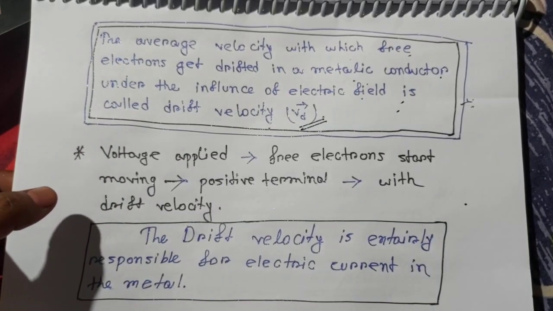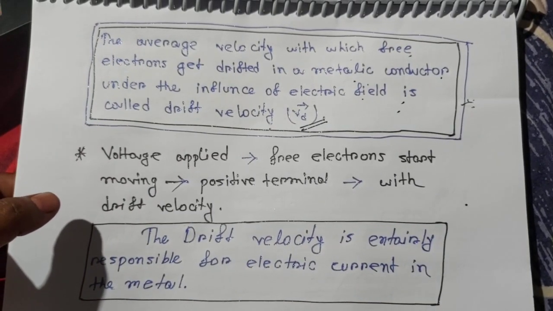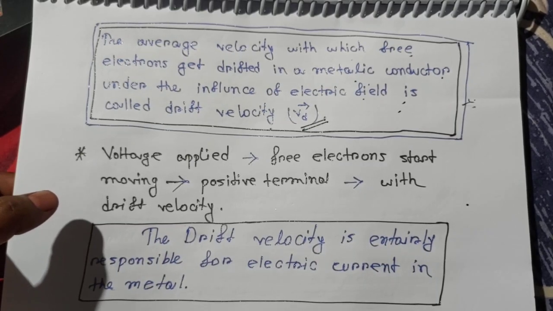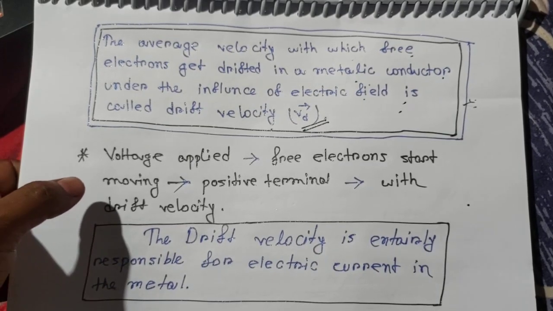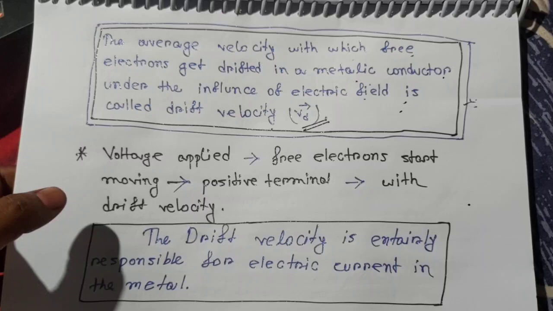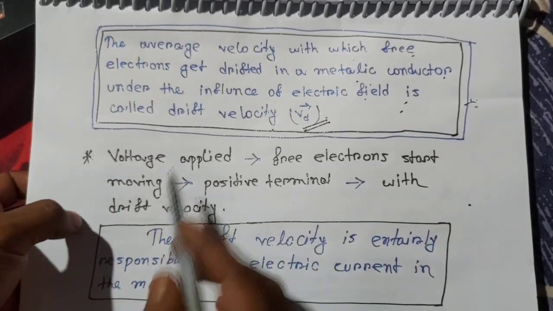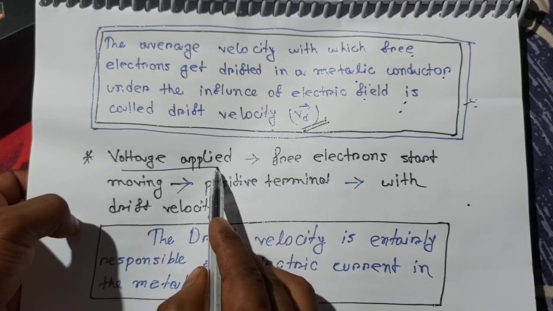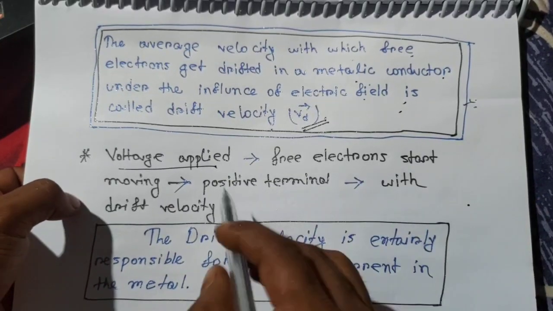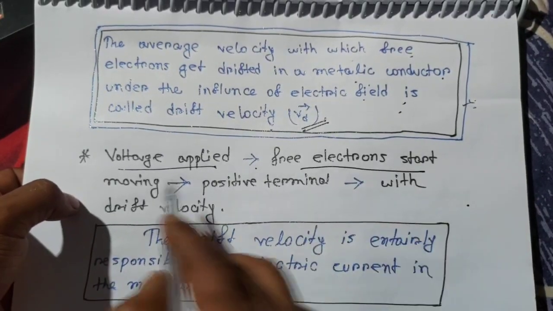And all this happens because of what? Because voltage is applied, or an electric field is applied. So at first voltage is applied, then free electrons start moving.